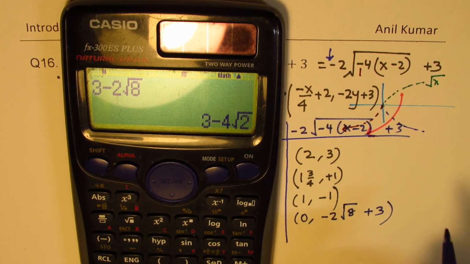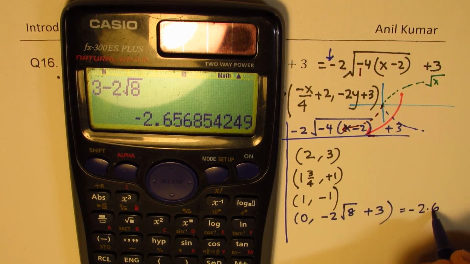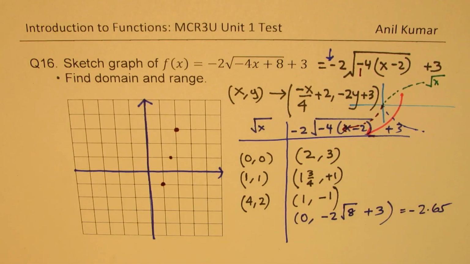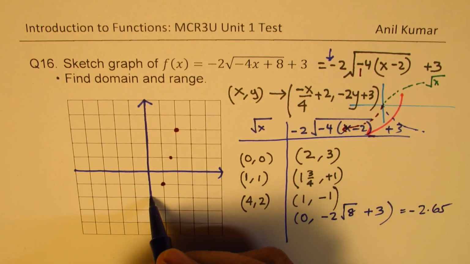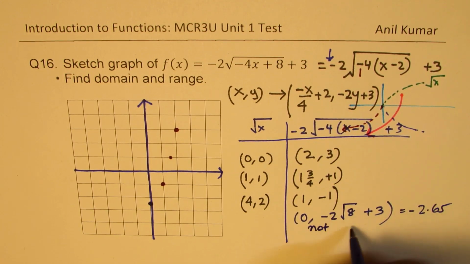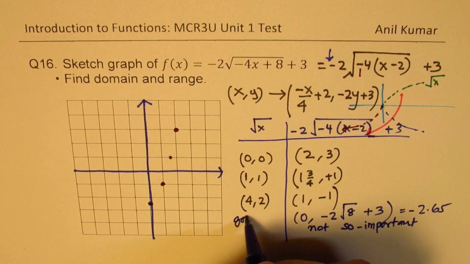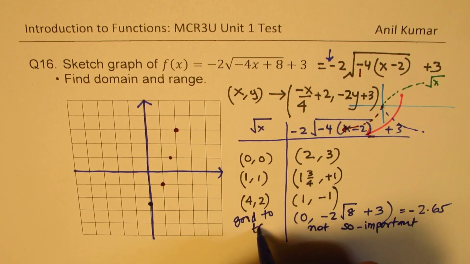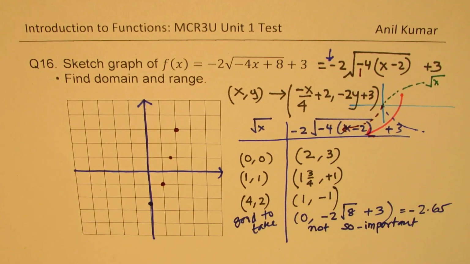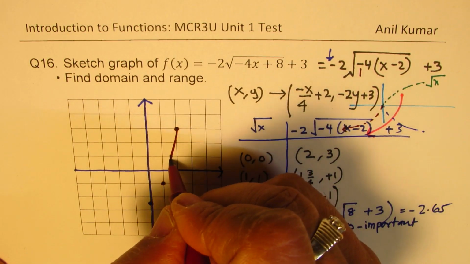And that is equal to, in decimals, minus 2.65. Okay. So we just got an idea about this. So minus 2.65, somewhere here, right? So this is not critical, not so important. But I feel it is good to take. So that's a y-intercept. So consider this point, and now we can actually draw this graph here.